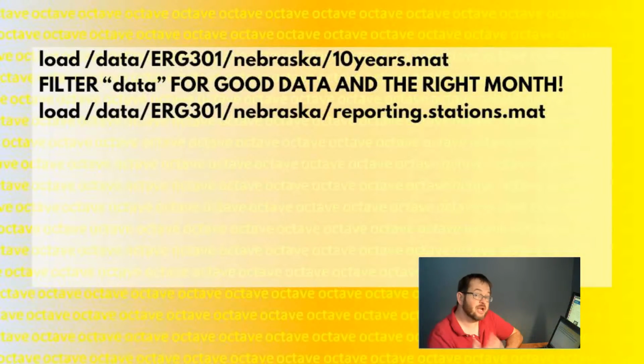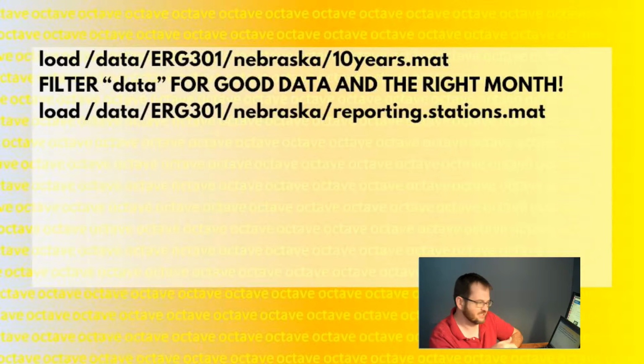So if we were writing a program that finds the station with the highest average temperature in, say, July, we would load our usual 10years.mat data set, which loads that array called data that we've been working with all along, and do all the work that you now know how to do so well, filtering that data to get just the good observations.